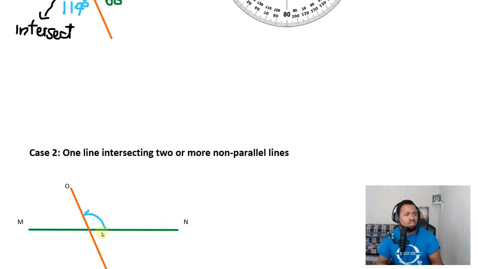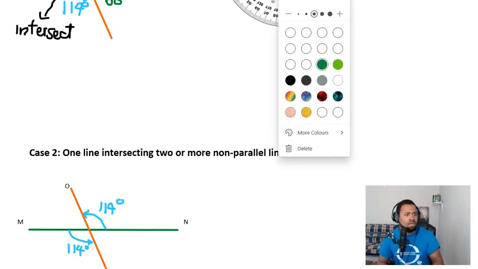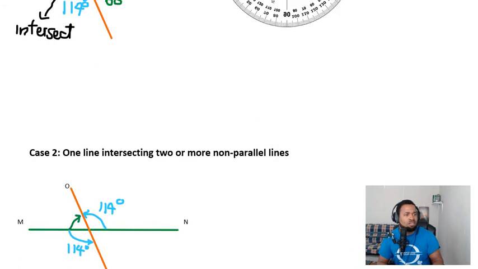Here we have 114 degrees as our measurement, and we measured this as well to be 114. On the other side, for the green side, from here to here is 66 degrees, and we have this as well measured to be 66 degrees.